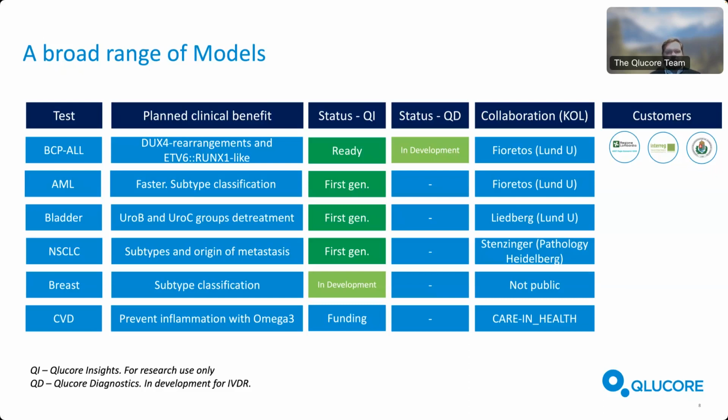New discoveries will be made and changes in guidelines will happen, but thanks to our broad approach with whole transcriptome sequencing and our ability to adapt our models, very little will have to change in the lab. The same process can be used. The only difference will be in the software, which is relatively easy compared to changing workflows in the lab.